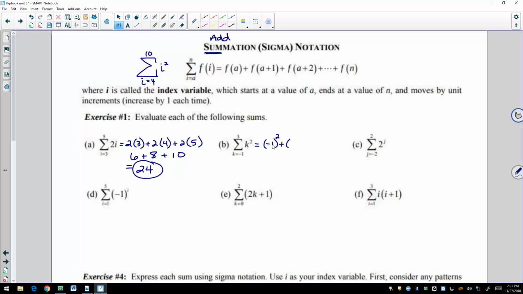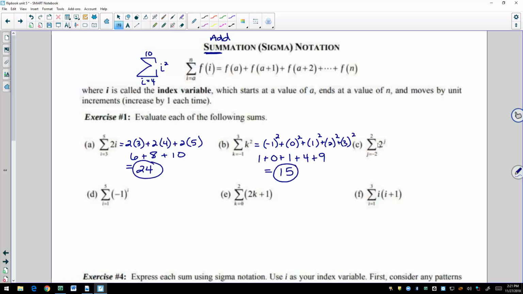You go up by 1 until you get to this top number. So the next number would be 0, 1, 2, and lastly 3. So -1 squared is 1, then 0, 1, 4, and 9. So your final answer for this one would be 15.